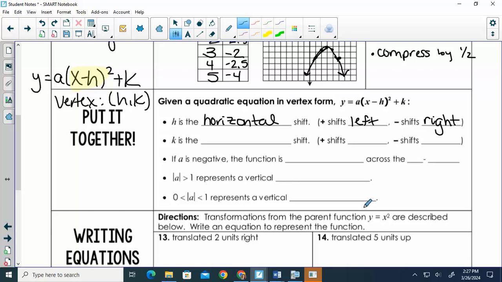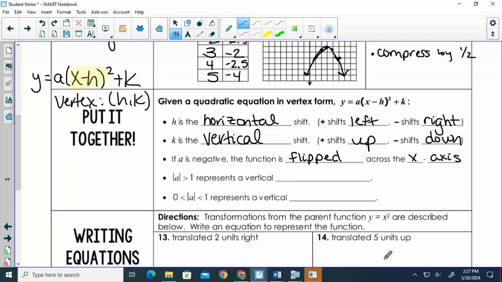K is on the end, so it's changing our y. So that's what's called the vertical shift. If you add to the y, it moves it up. So if you're adding, it goes up, subtracting goes down. If you have a negative, then we can say it is flipped or reflected, whichever word you like, across the x-axis.